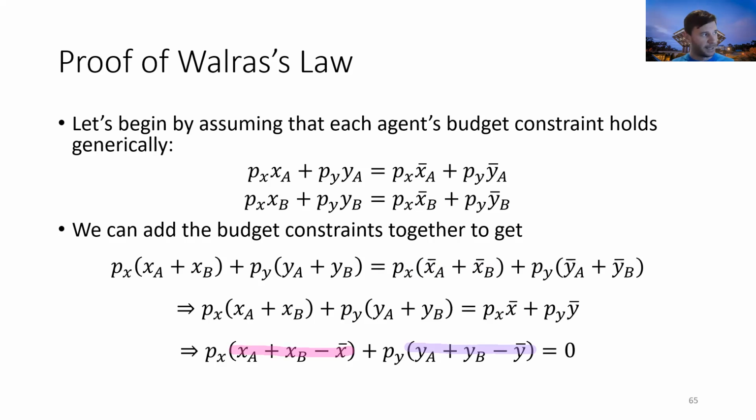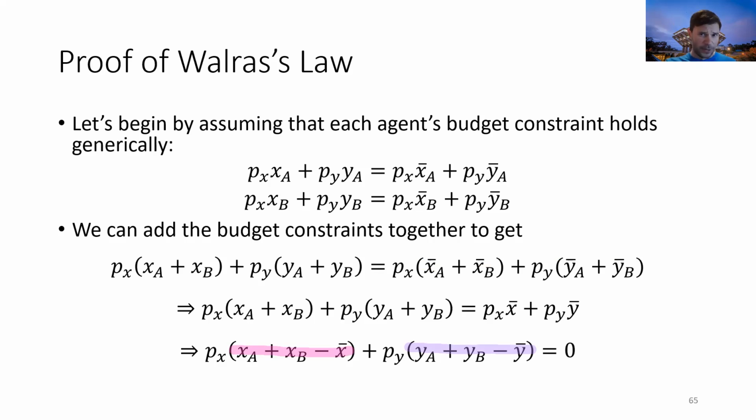The term in pink, what is that? Yeah, it's the excess demand for good X. Similarly, the term in the purple, that's the excess demand for good Y.